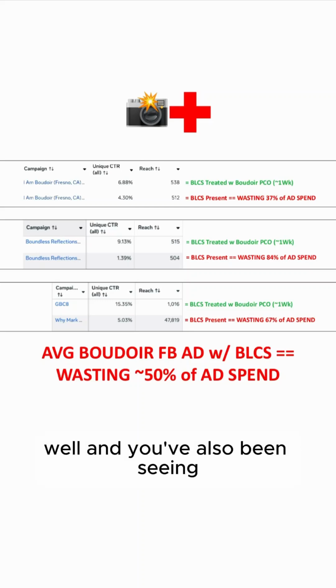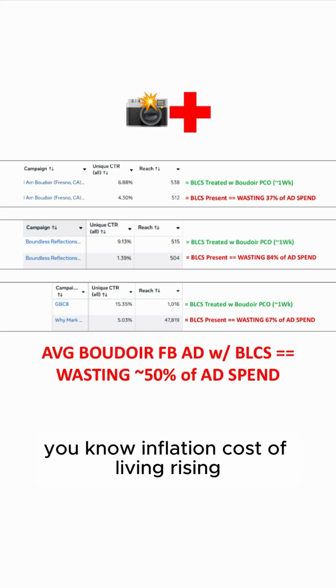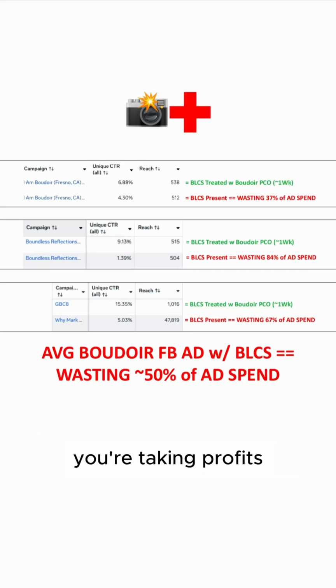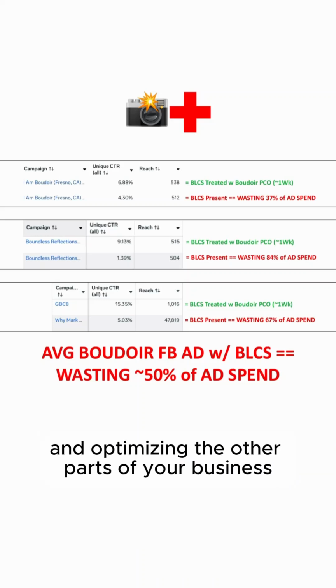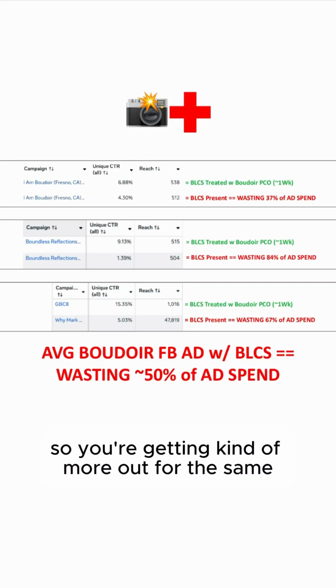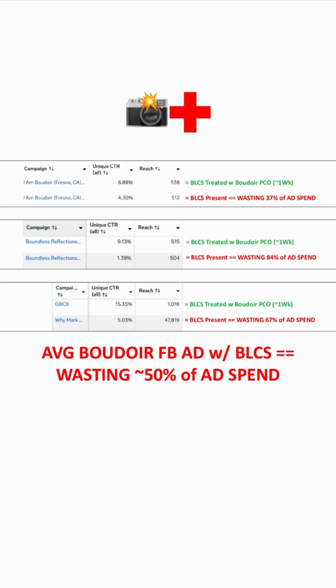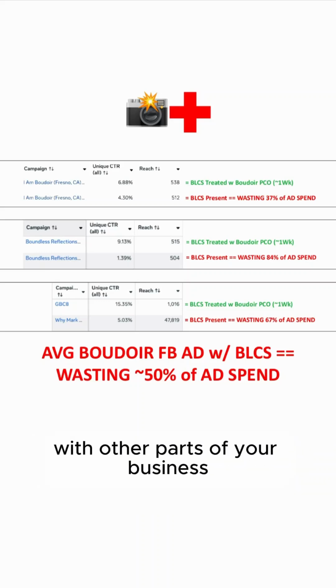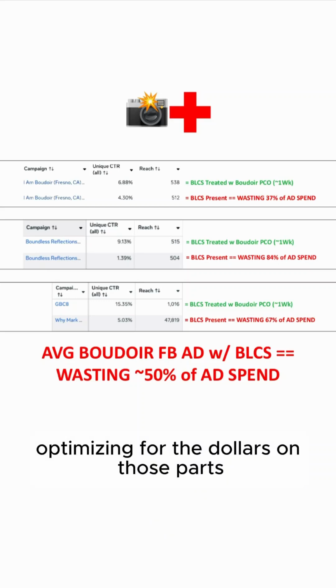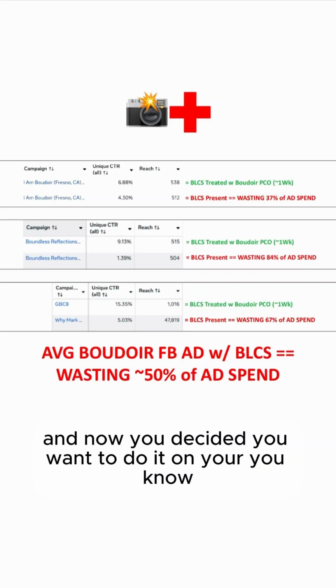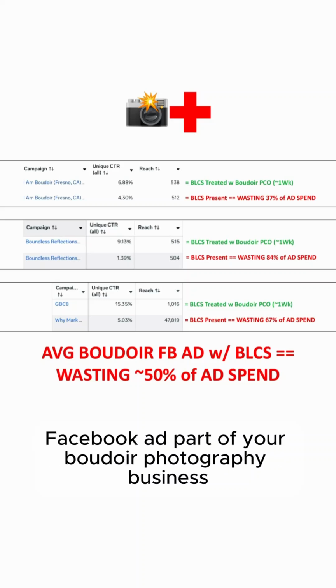You've also been seeing inflation, cost of living rising. So you've already decided you're taking profits and optimizing the other parts of your business. So you're getting more output for the same inputs, being more efficient. You've already done that with other parts of your business, optimizing for the dollars on those parts. And now you decided you want to do it on the Facebook ad part of your boudoir photography business.